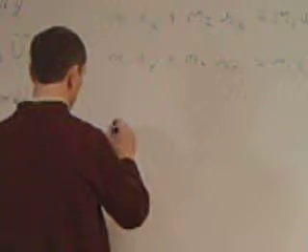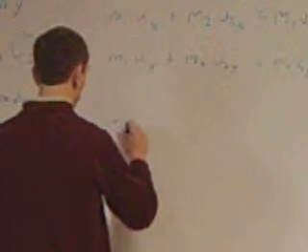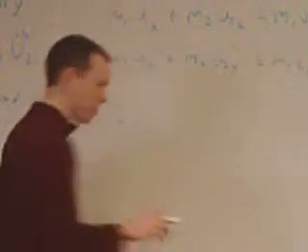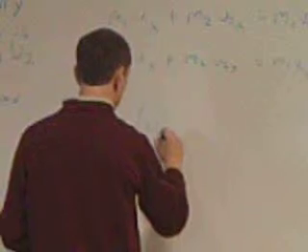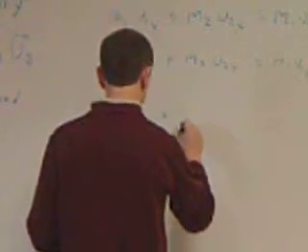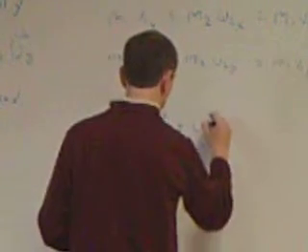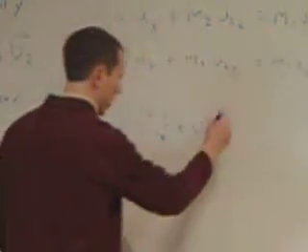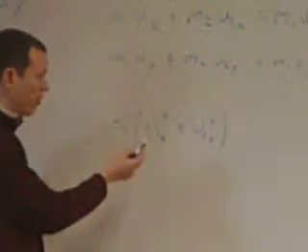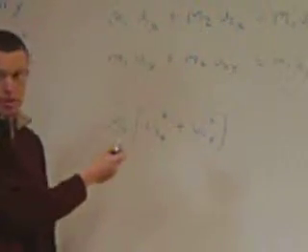So the kinetic energy of the first one, we have M1, and I'm going to do this as sort of Pythagorean theorem. It's going to be the magnitude of U1. And the magnitude of U1 squared is going to be U1x squared plus U1y squared. Does everybody get how that would be equivalent to the magnitude of U squared?